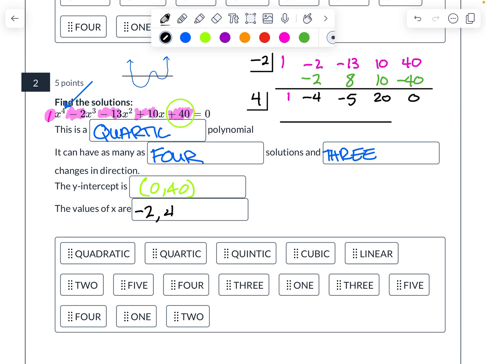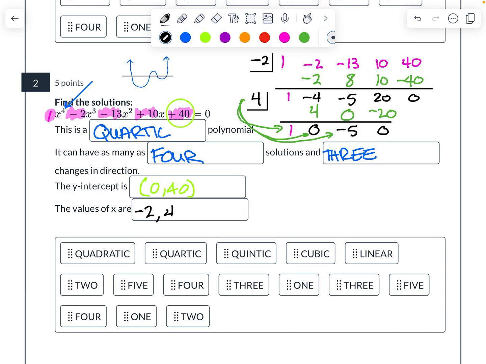So the first number comes straight down, and then I'm going to multiply 4 times 1 and get 4. I'm going to add -4 plus 4 is 0. I'm going to multiply 4 times 0 is 0. I'm going to add -5 and 0 are -5. I'm going to multiply 4 times -5 is -20. And -20 plus 20 is 0. Excellent. I knew that would also be the case.